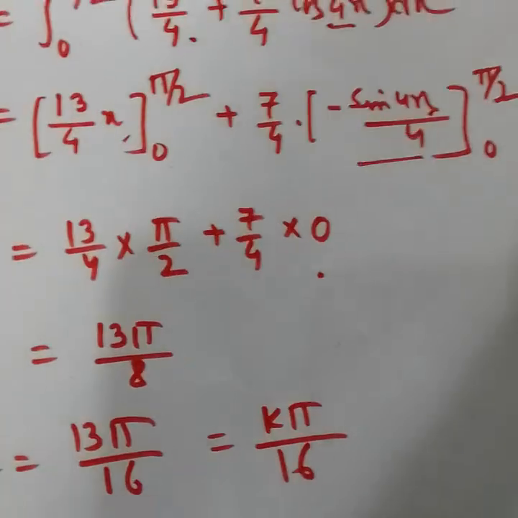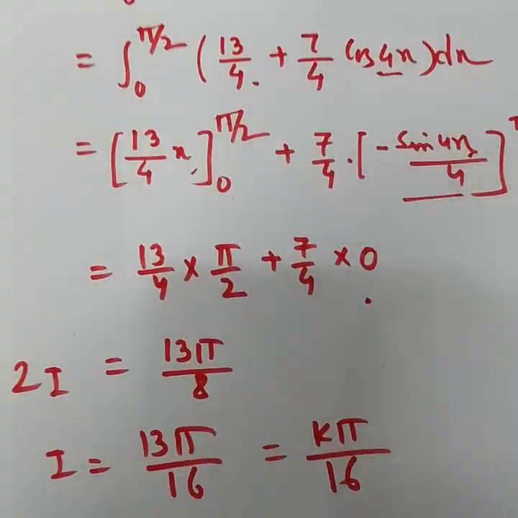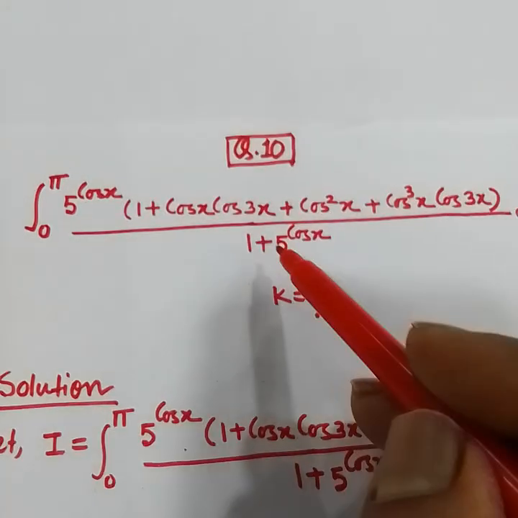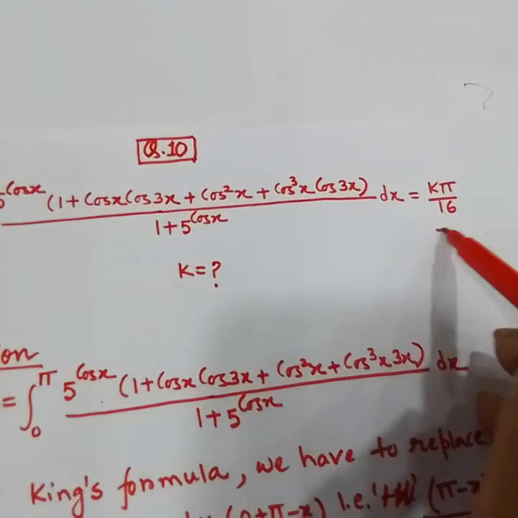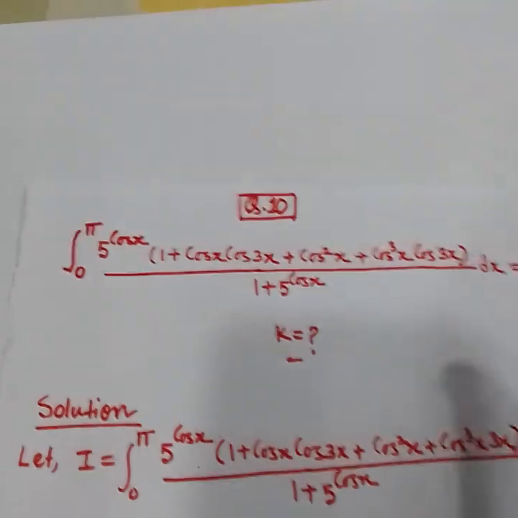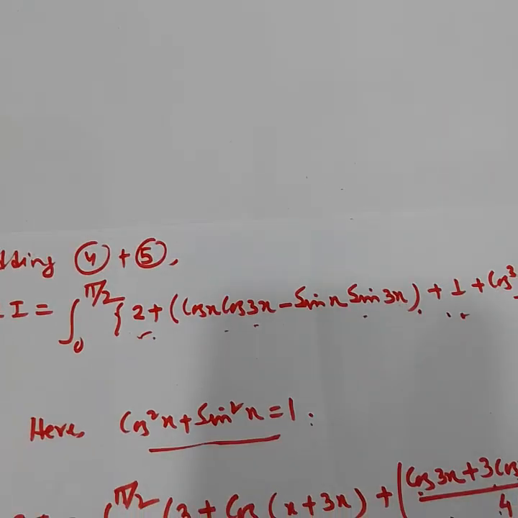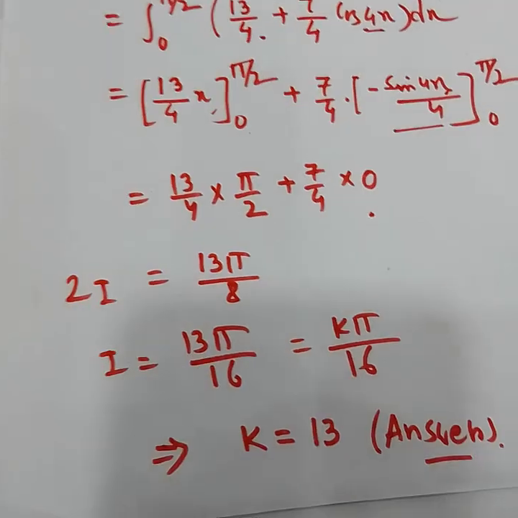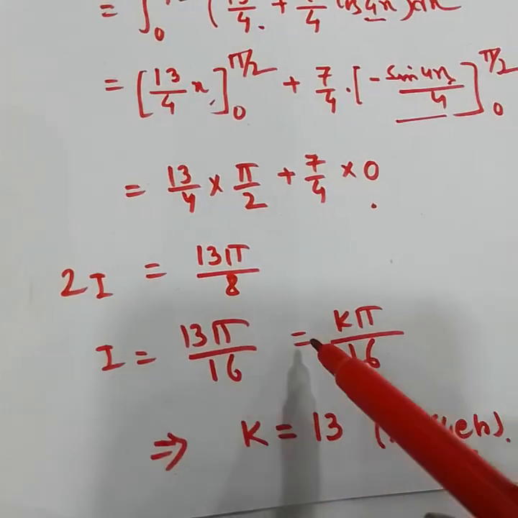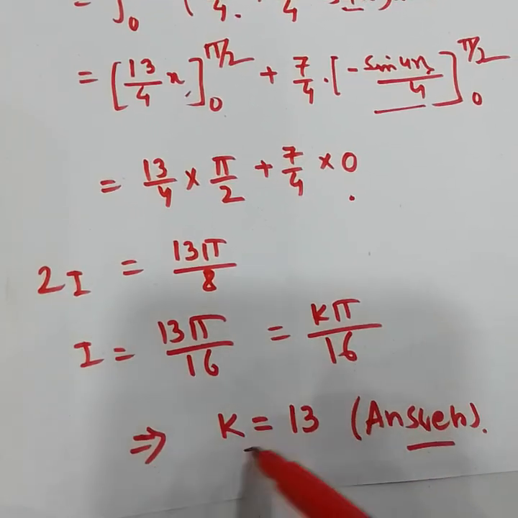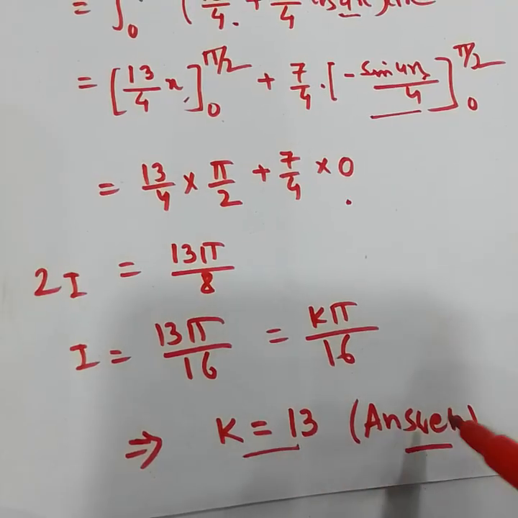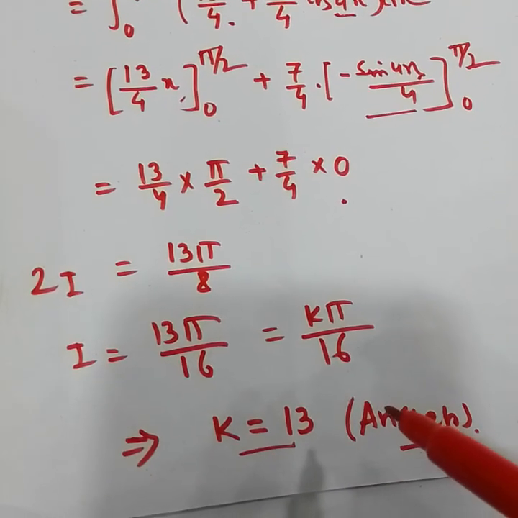And what we have to prove? At the beginning the question was given, if this equals k pi by 16, then what is the value of k? So we get I equals 13 pi by 16 equals k pi by 16. So k equals 13. This is the final answer.